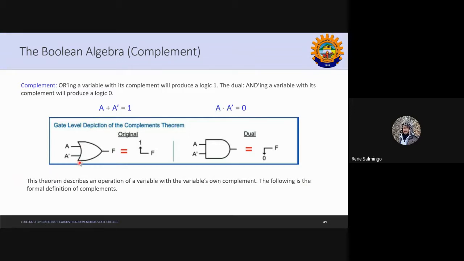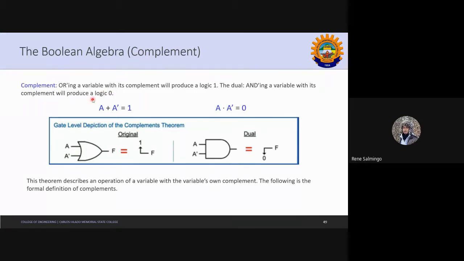So in OR, we say A or A prime is equal to 1, and A and A prime equals 0. So this is the theorem of complement.